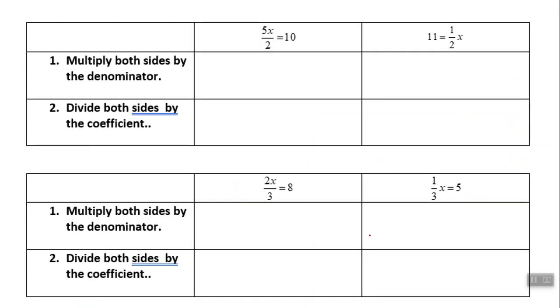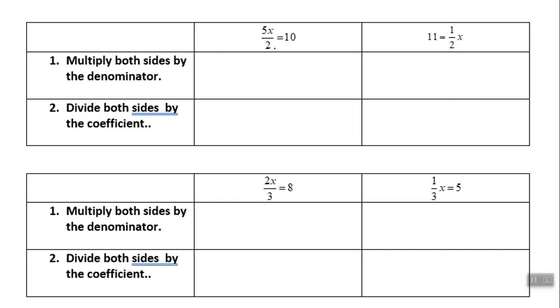Now we are gonna go over some examples of one-step equations with fractions. The first question is 5x over 2 equals 10. Step 1 is you have to multiply both sides by the denominator, and the denominator is the bottom number of the fraction.